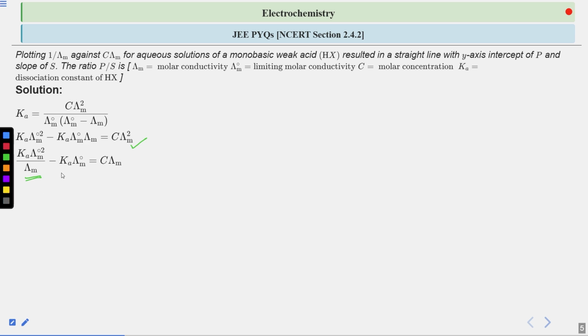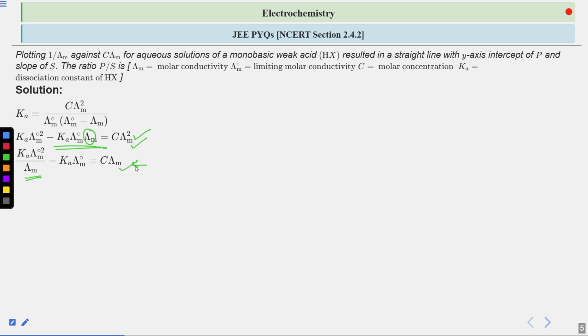Now one lambda m is already present in the numerator, so when you divide this term by lambda m, it will cancel out with the denominator lambda m which you have taken from this. So the rest of the equation will be Ka lambda m naught whole square upon lambda m minus Ka lambda m naught equals C lambda m.